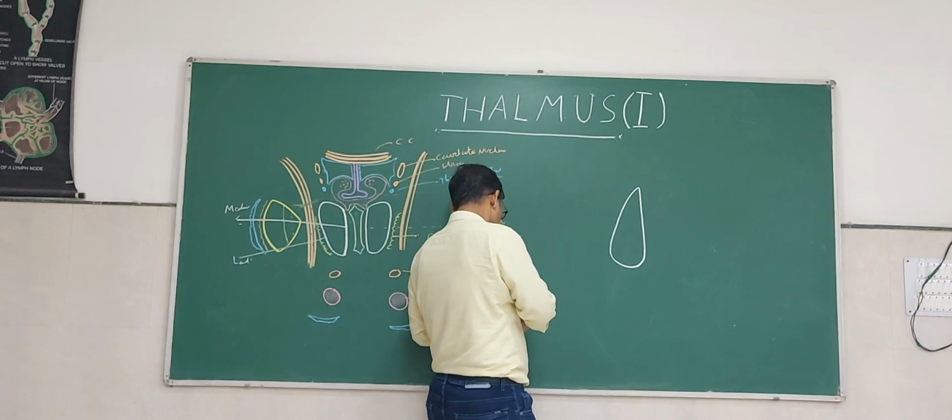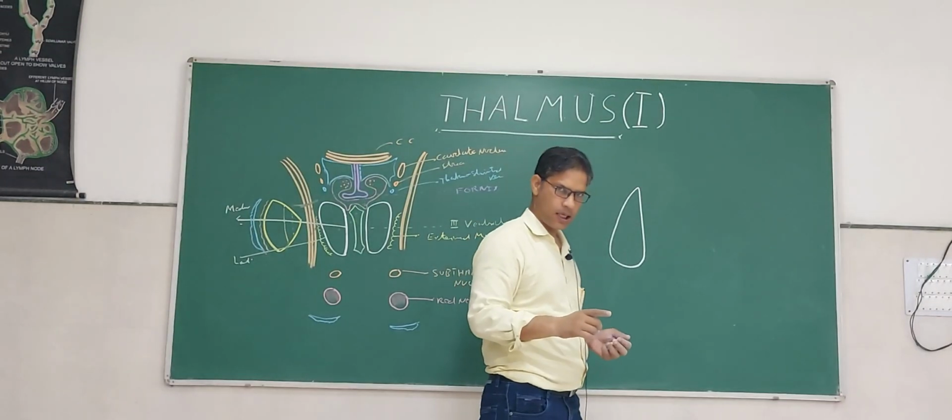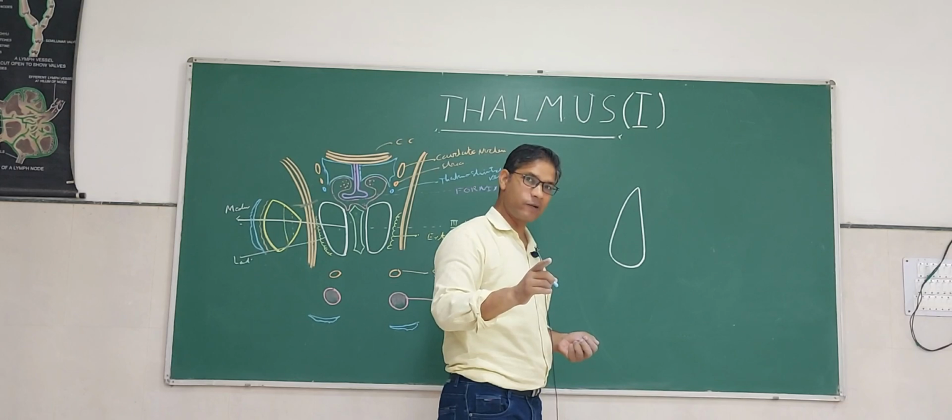This is a gray matter mass. And if the white matter is there, it will look separate.